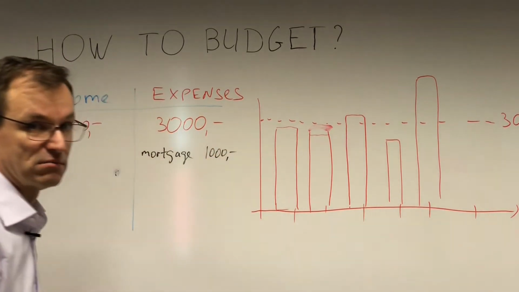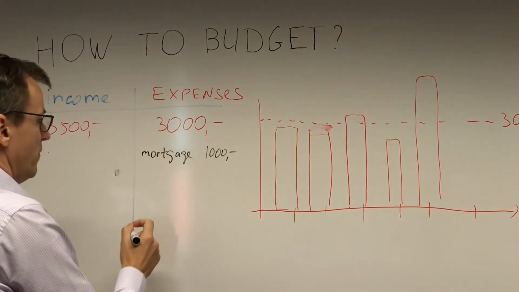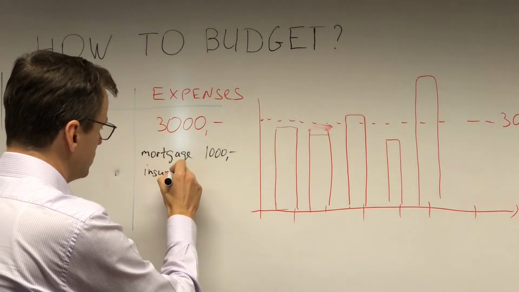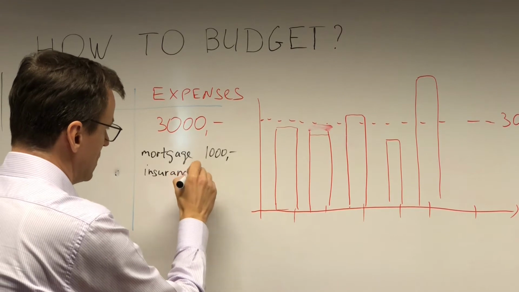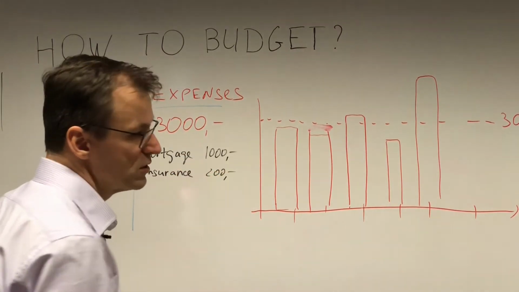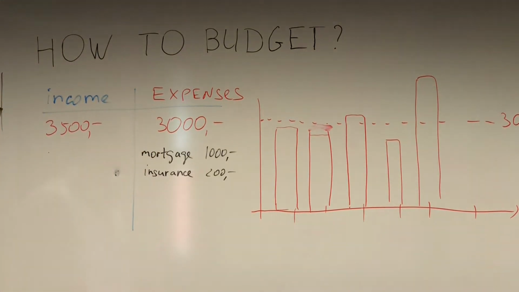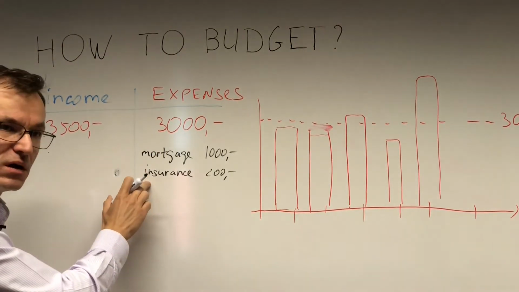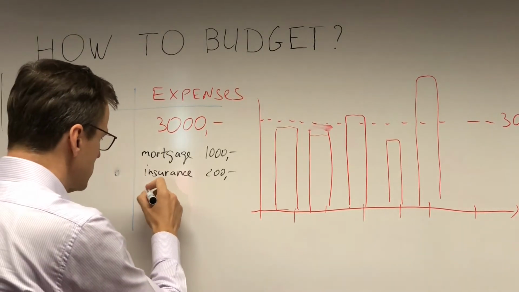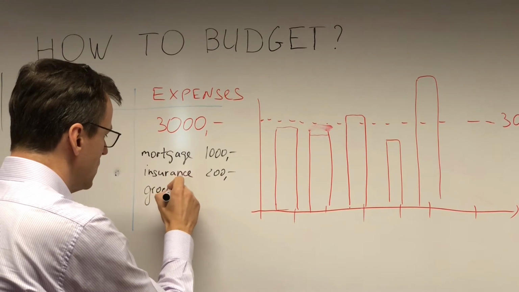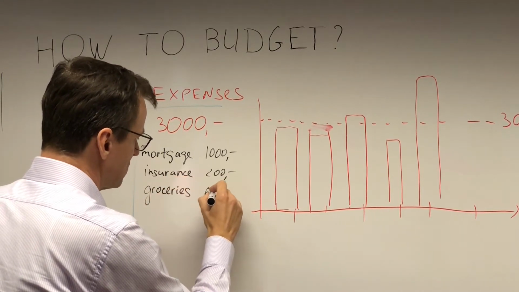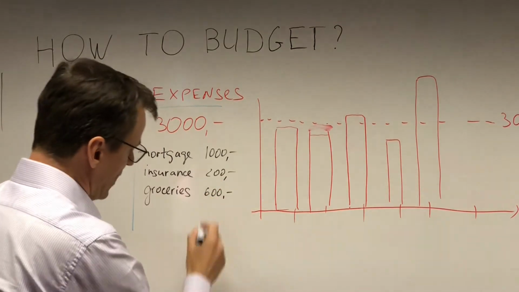Okay, clear, it's easy. Then you pay, for example, for insurance, like 200 for all different insurances, and probably here there will be several transactions in the same category, like insurance, like groceries. So you see like 600 something, and so on.